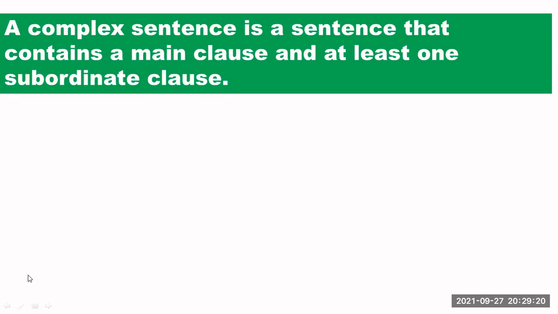All right, that is a complex sentence. And if you look at it, you will discover that a complex sentence is made up of one main clause and one subordinate clause.